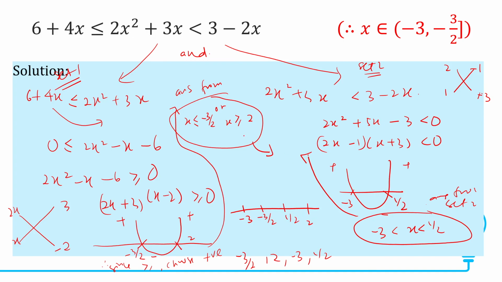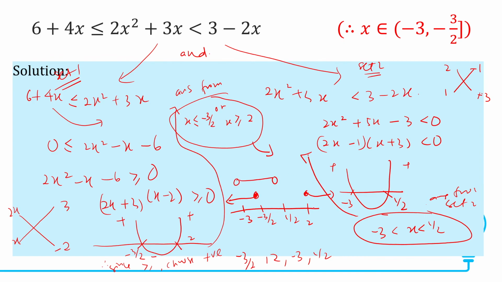After that I start doing the number line, labeling that less than or equal to negative 3 over 2. That is an equal, so it's a solid coming down. 2 solid going up. In between negative 3 and half is an empty circle.